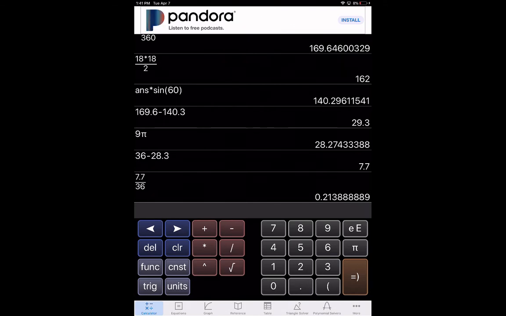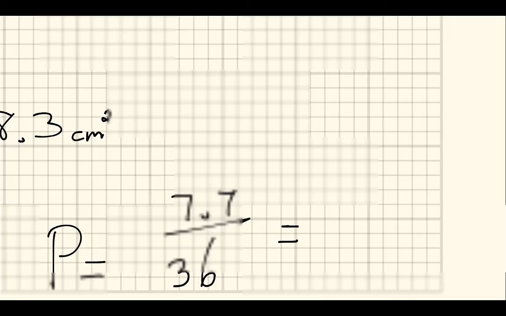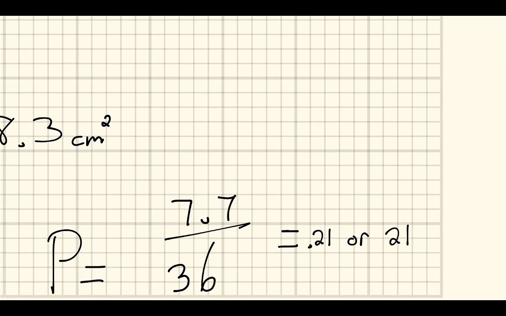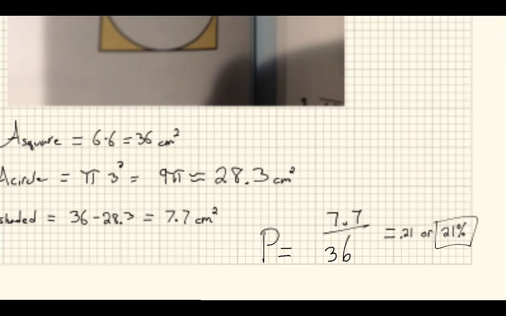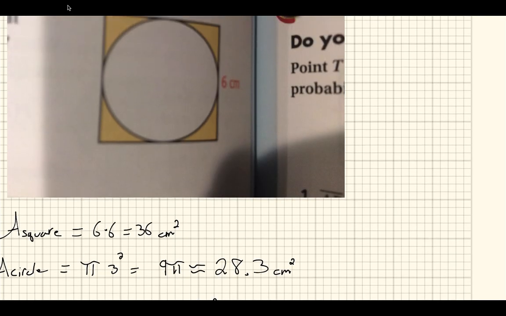We'll round that to 21. So that's 0.21, and remember, as a decimal, 0.21 is about 21%. So that would be the probability of a point inside that square being inside the shaded region.